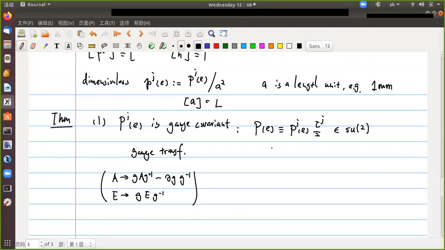And under the gauge transformation, after you plug in this formula, you can see that P of E also transforms in the adjoint representation. So you will get that P E transforms to G source of E, P E and G source of E inverse.